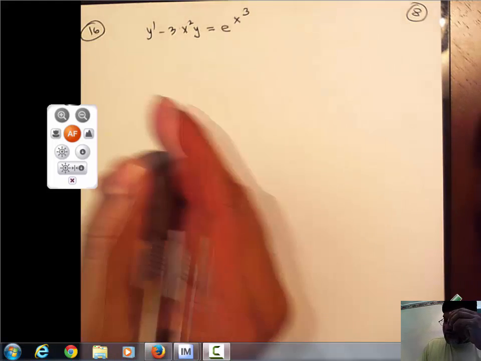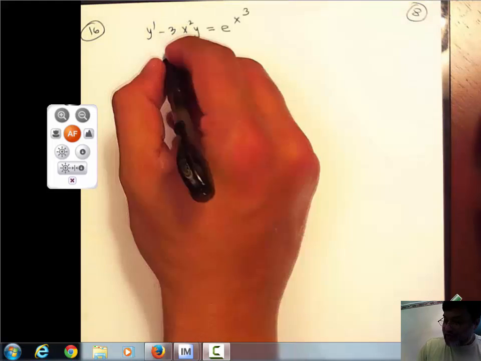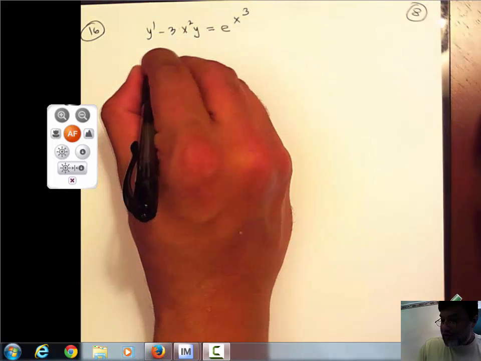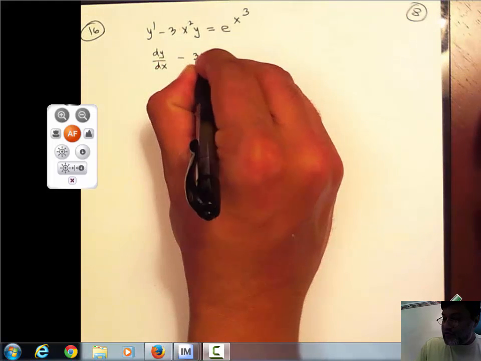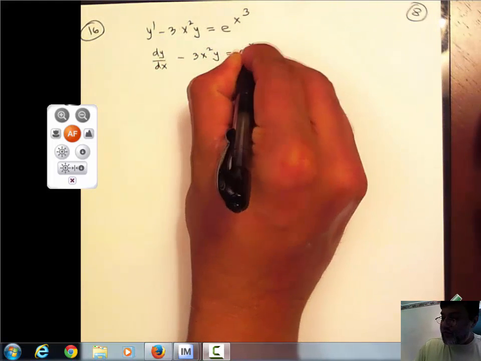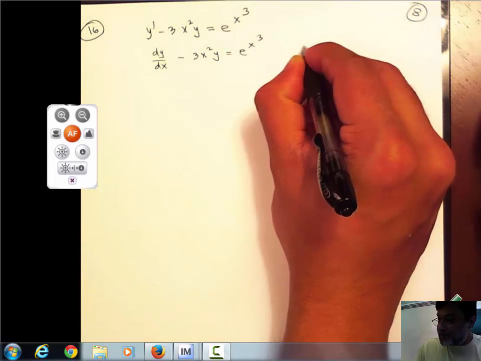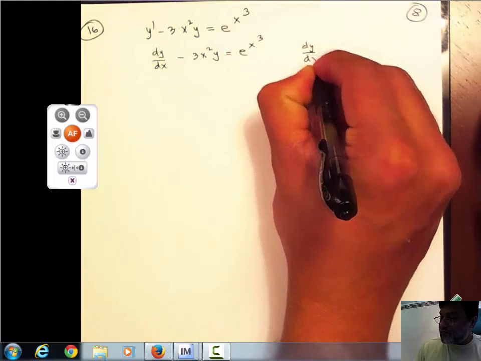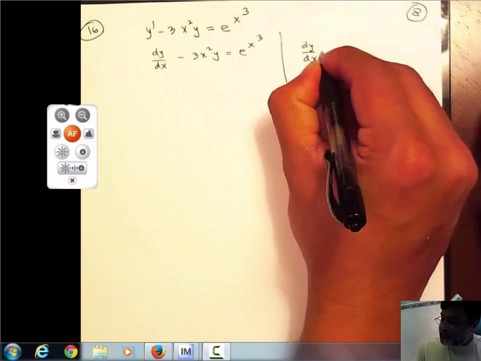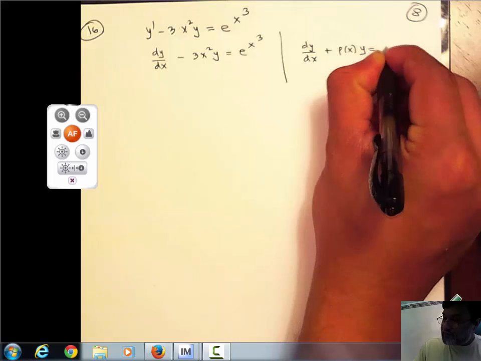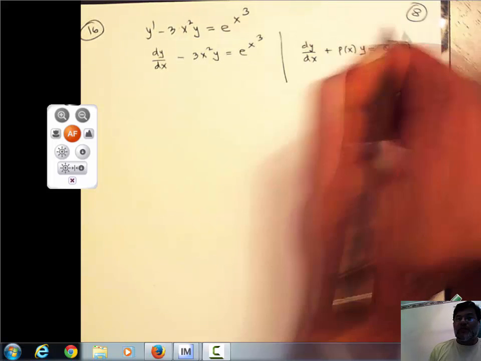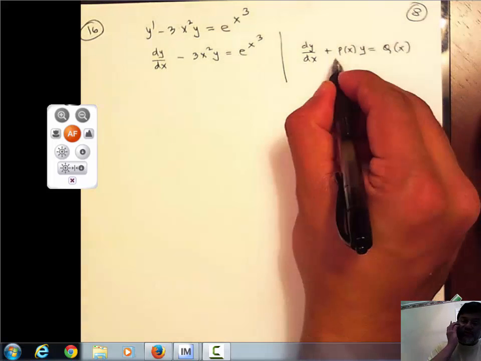So we know this is linear. We cannot separate it. And the reason being, if we compare this to the standard linear, which is, so that's going to be your integrating factor.